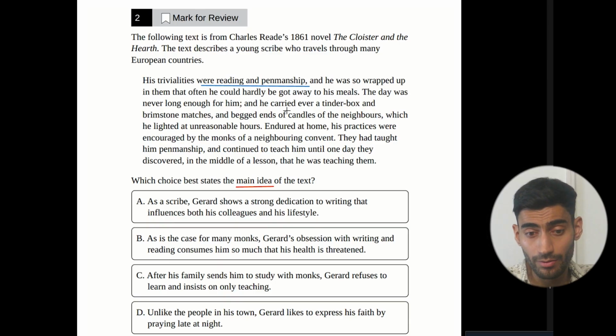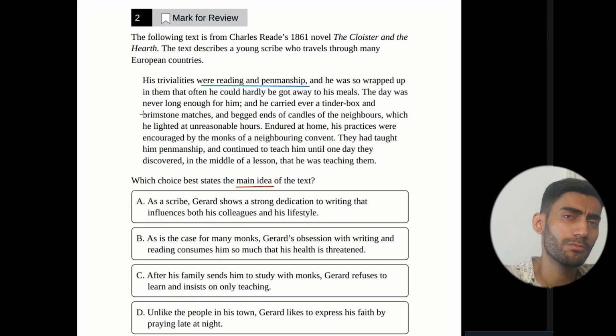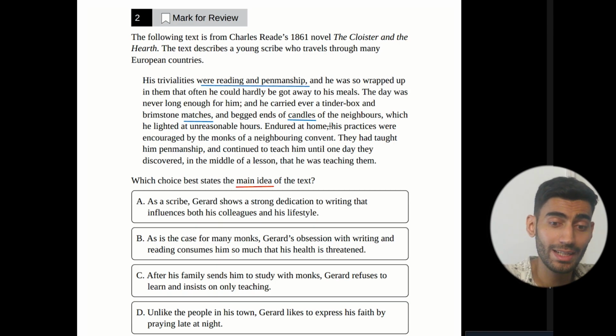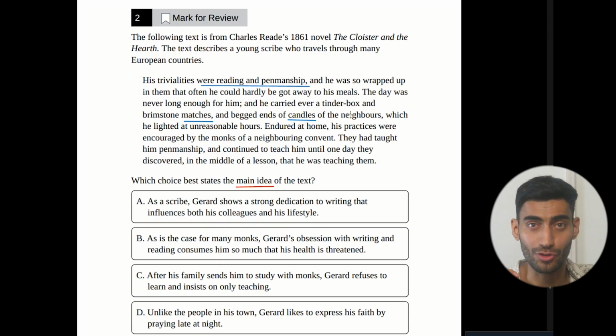And he carried ever a tinderbox and brimstone matches. These are the kind of words that are a bit intimidating. You might not know what brimstone is, but we probably know what matches are. And then we have candles, and begged ends of candles of the neighbors. So he even got candle ends from the neighbors, and matches to light them up.